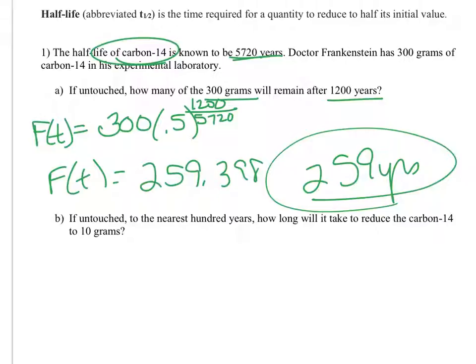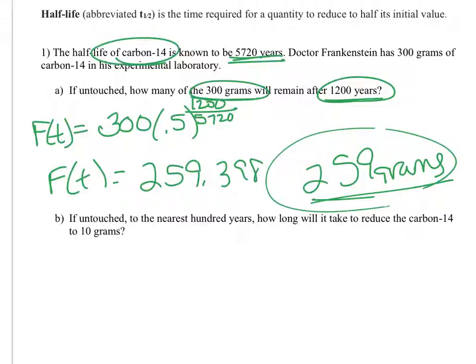So there's 259 years. Grams. Did I really just write years? Hello and welcome to a snow day. So, grams. Which isn't that much, which makes sense because after 1,200 years, there should be still more than half of it left. After 5,720 years, there would be 150 grams left. So there should be more than that.